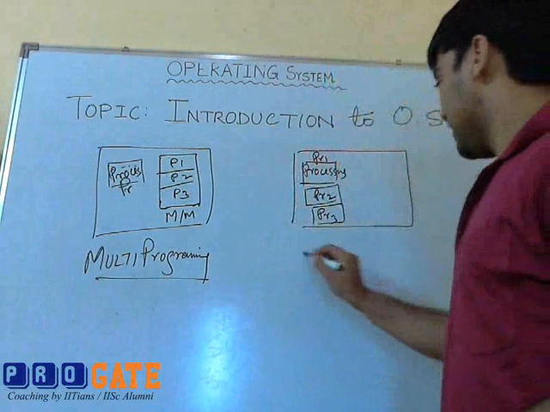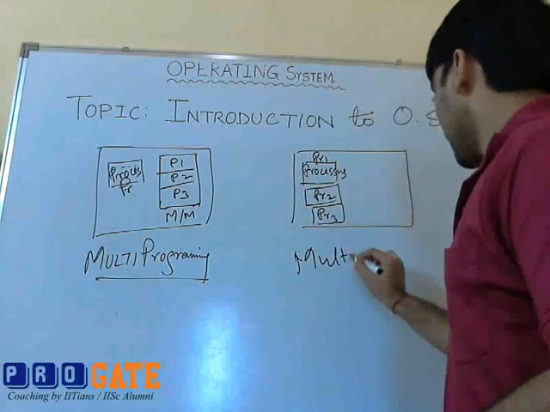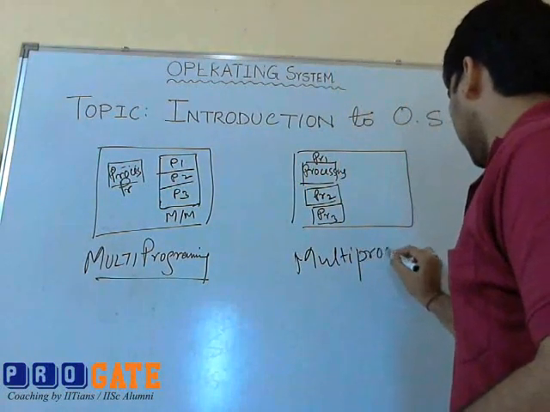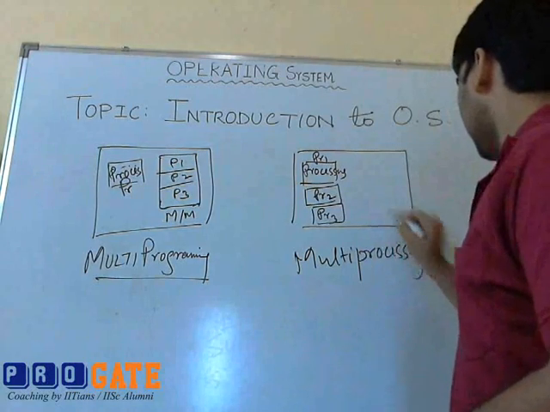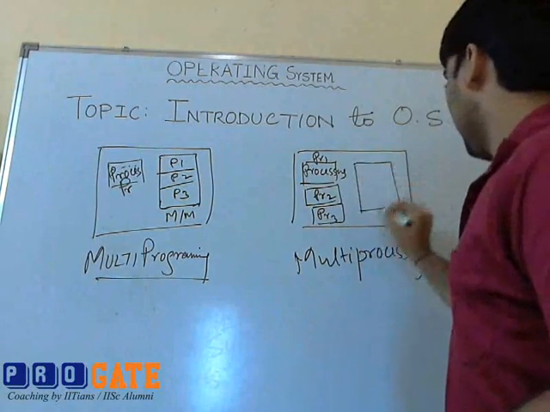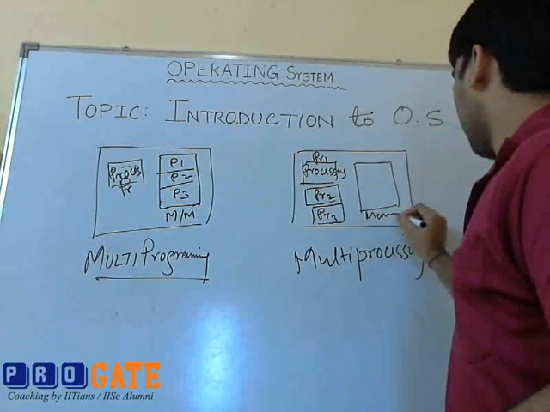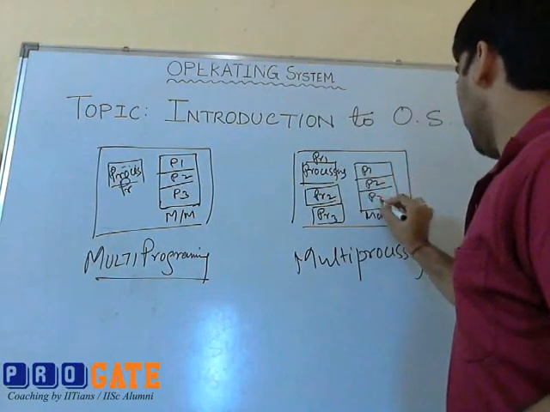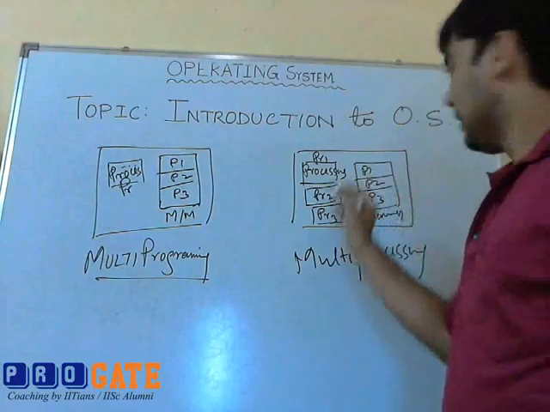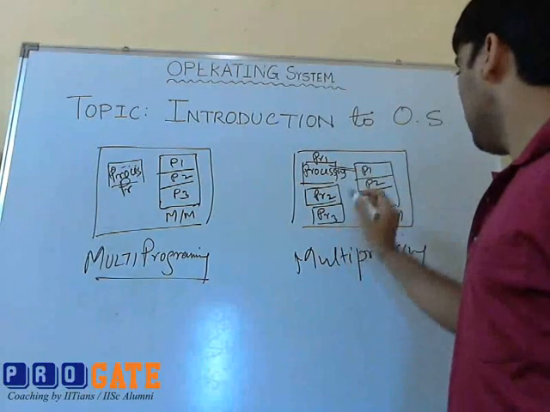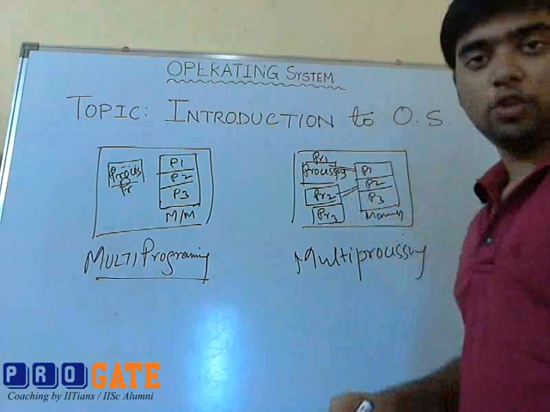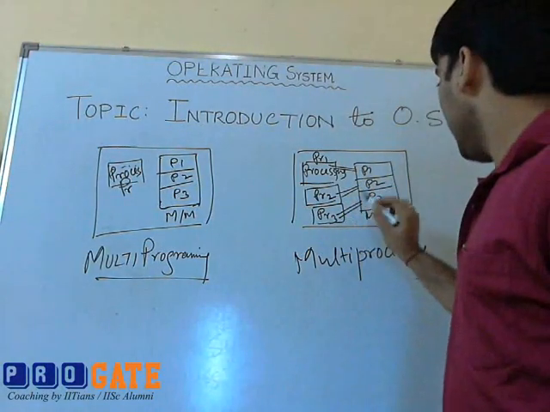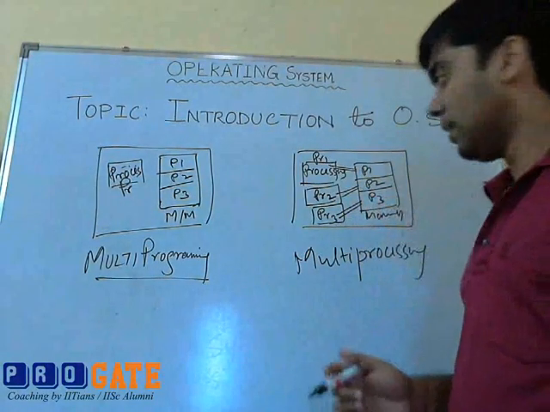So this is multi-processing. This is the memory, and if it has three processes, P1, P2, P3, it might happen that processor 1 is executing P1, processor 2 is executing P2, processor 3 is executing P3.